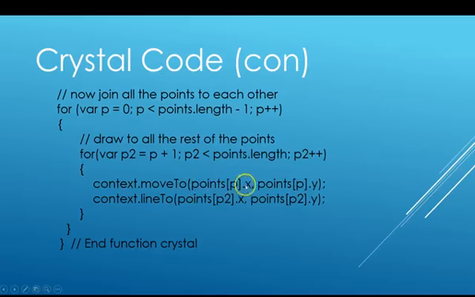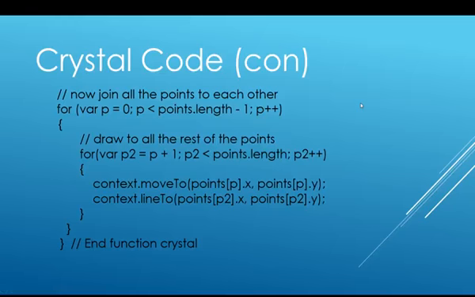So this says read the X of the current p-value and the Y of the current p-value, and now draw a line to the next p-value. So P2 is always 1 greater than P. Kind of cool stuff. I like this stuff.